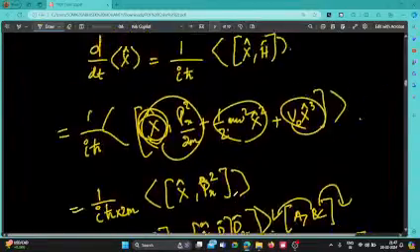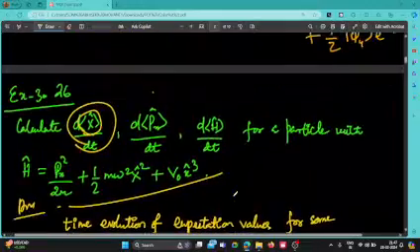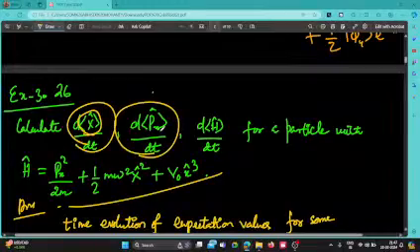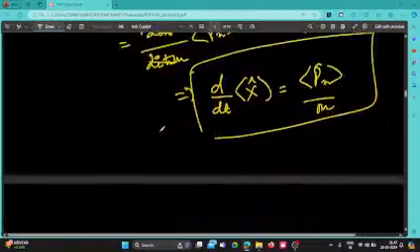Next question: dpx by dt. You please try dpx by dt exactly the same way. d by dt of px, exactly the same way you have to do it. Please try.